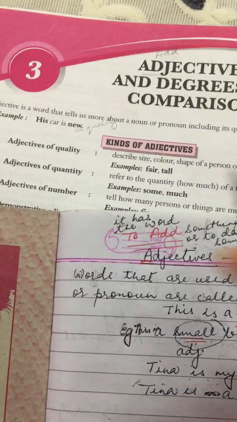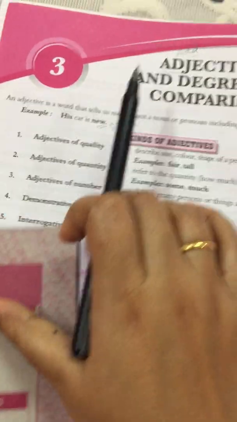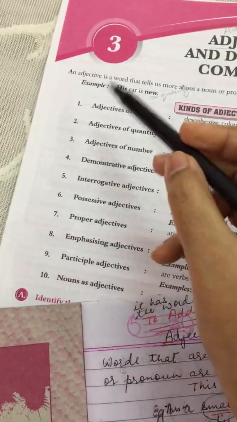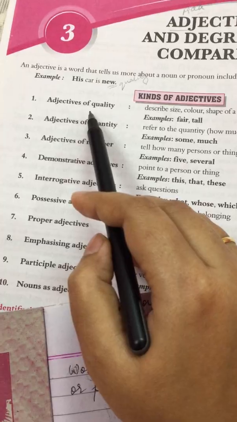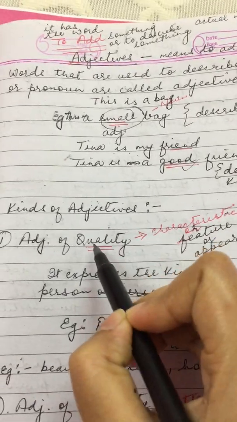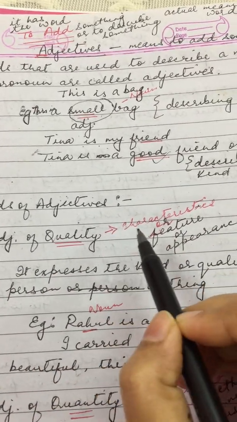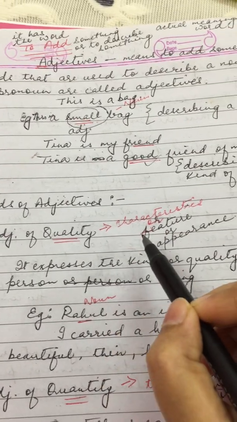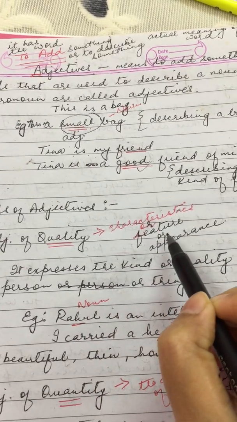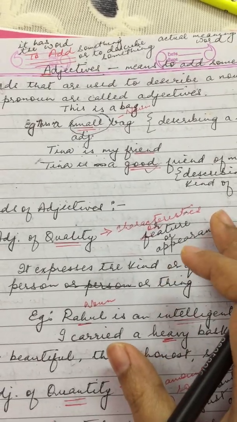So first, let us take up the first kind of adjectives. Here are several kinds of adjectives given, total 10. So first we will take up adjectives of quality. Adjectives of quality. First, understand what is quality. Quality is the characteristic or feature or appearance of a person or thing.